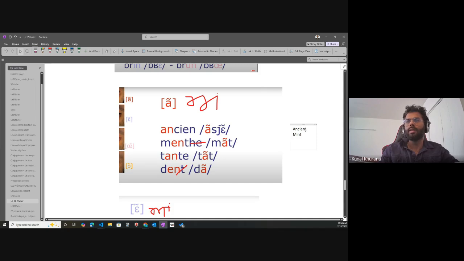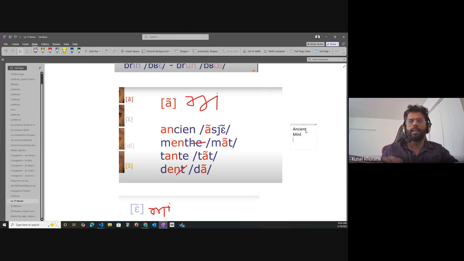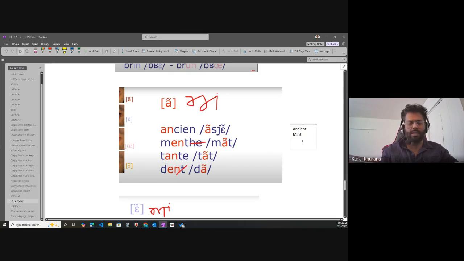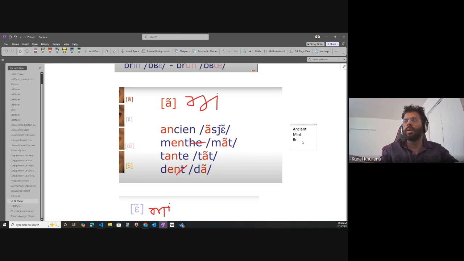Ma, and then tant is auntie. Tant. Sister of the father or of the mother.